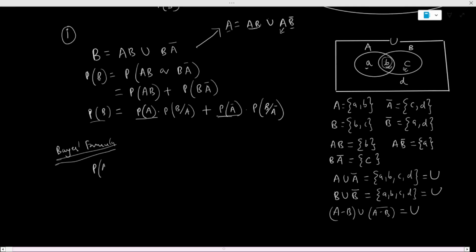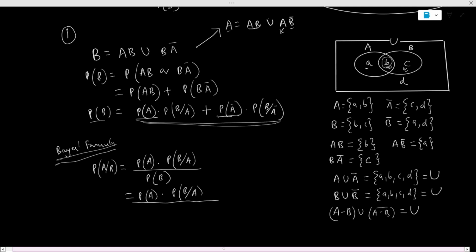Therefore, the probability of A conditional on B is equal to the probability of A into the probability of B conditional on A, and we divide it by the probability of B. Now we can expand the denominator using this relationship, so we write it as the probability of A into the probability of B conditional on A, plus the probability of A complement into the probability of B conditional on A complement.